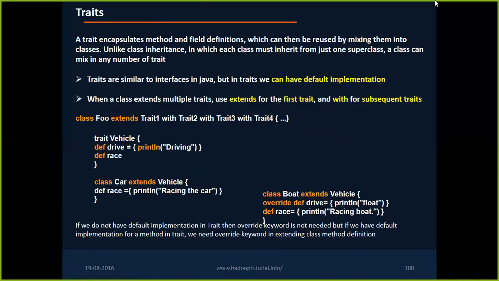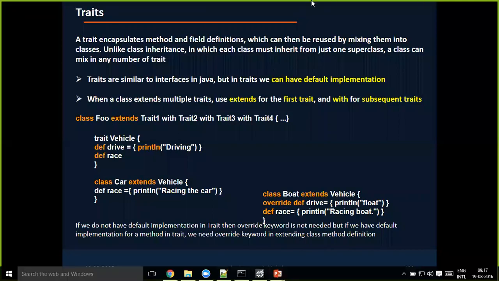Is there any difficulty in catching that point? It's not a problem, it's like an abstract class. That's why I'm telling you it's almost like an abstract class, so don't use abstract classes here, use traits only, even in place of abstract classes.